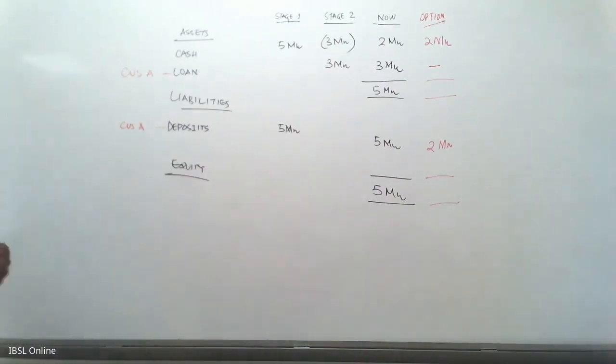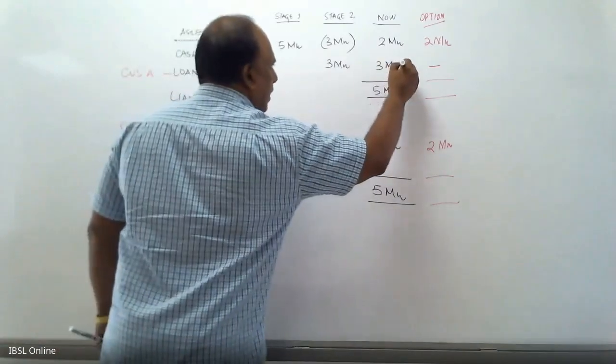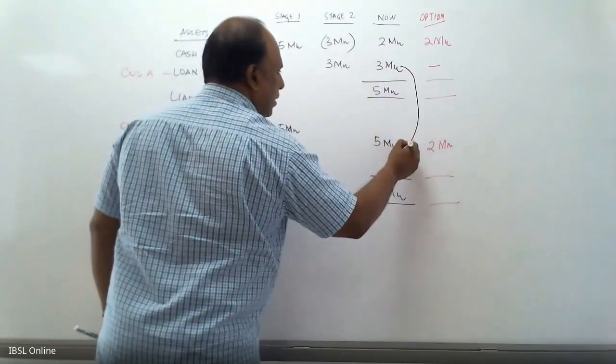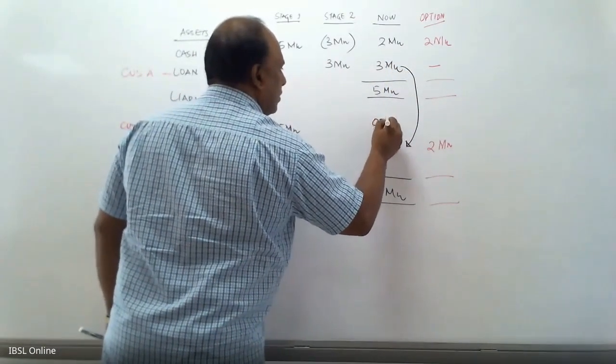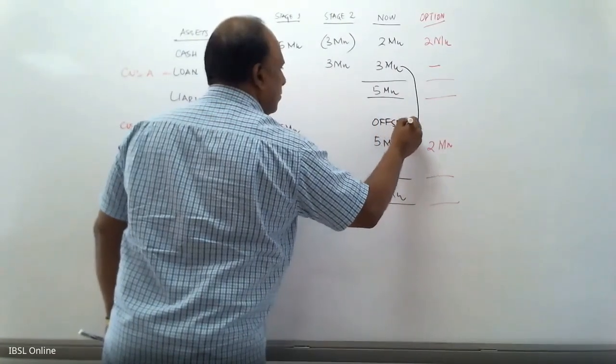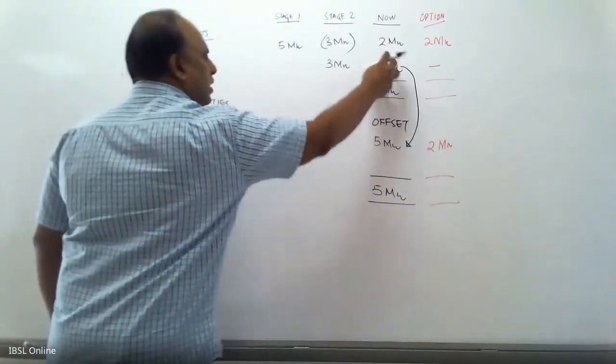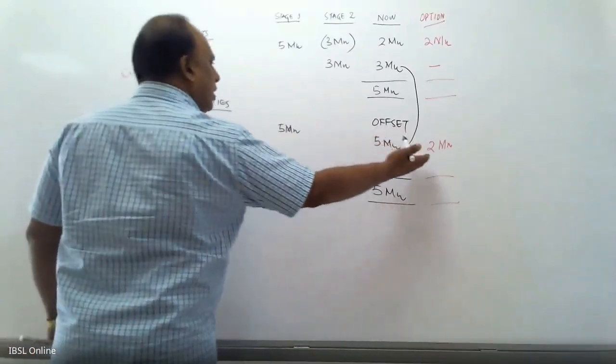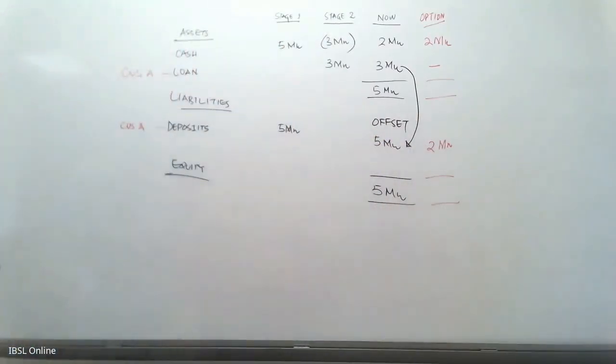What have I done? I have taken this loan and I have offset it. So I have removed the 3 million, and now I only need to give 2 million. That is called offsetting.